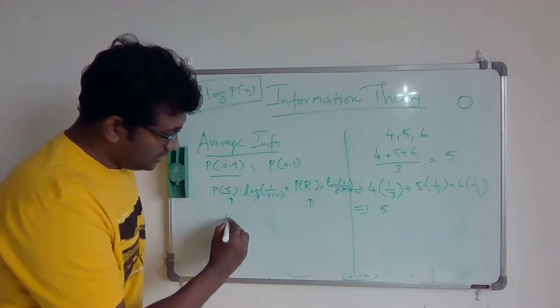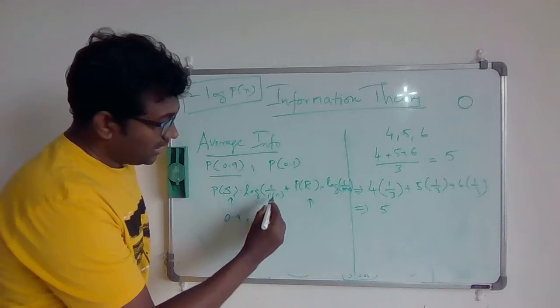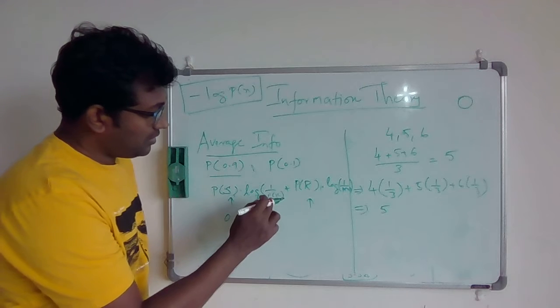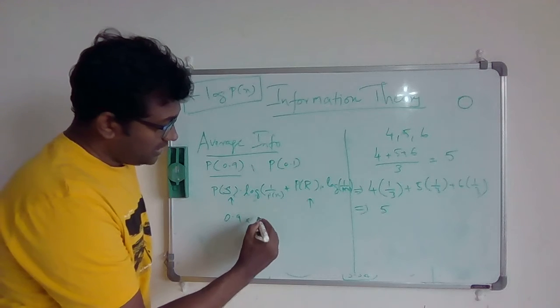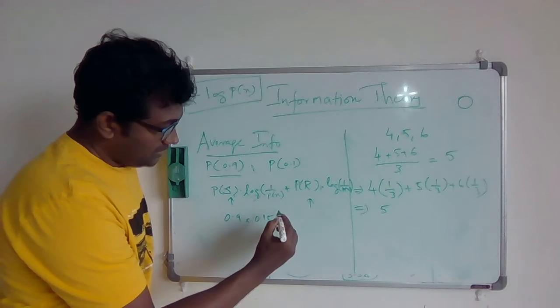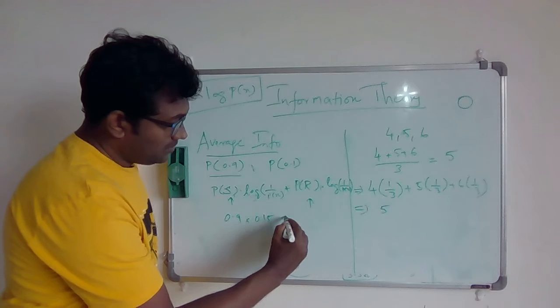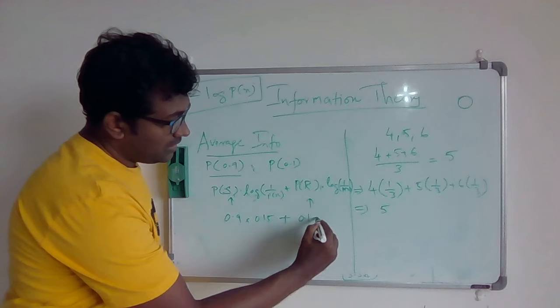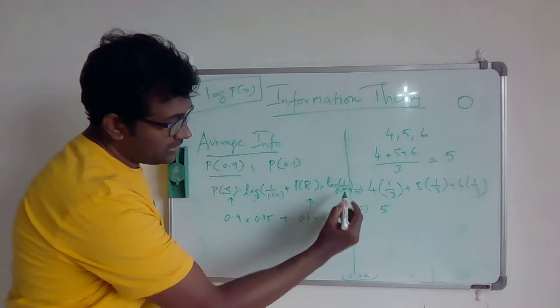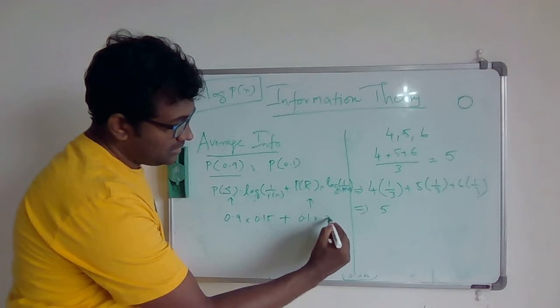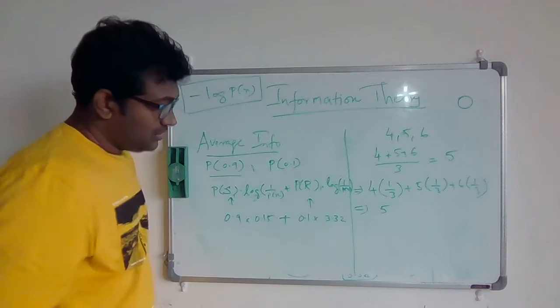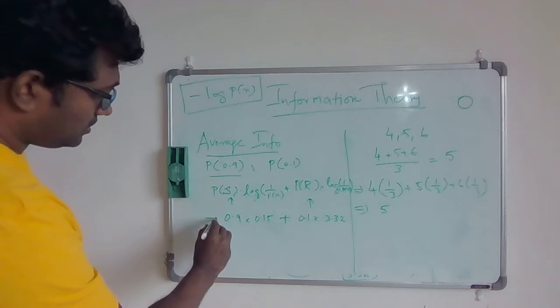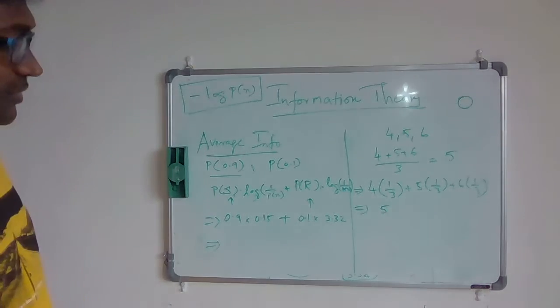So this is 0.9 into, we calculated that the information for being sunny is 0.15 in the previous slide, plus the probability of rain, 0.1, multiplied with the information that the rain provides, that is 3.32. So this is the average information.